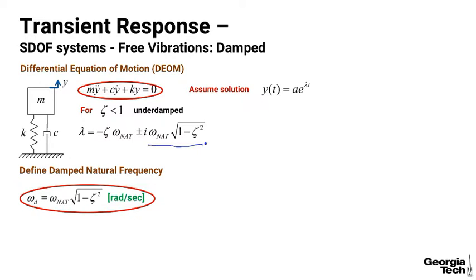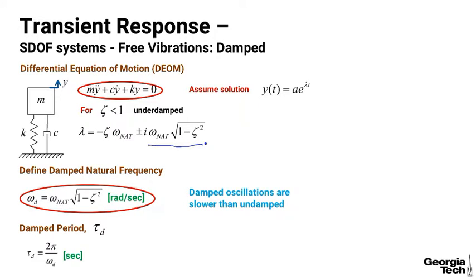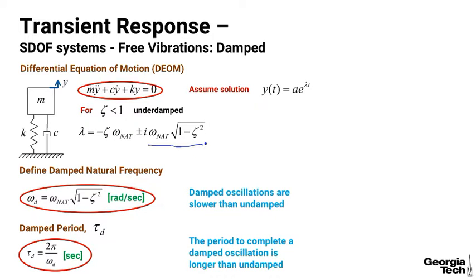And so the damped natural frequency is going to be a lower number than omega natural, less than the frequency of the undamped system. If I look at the damped period, since the damped natural frequency goes in the denominator, the damped period becomes larger than the undamped period.